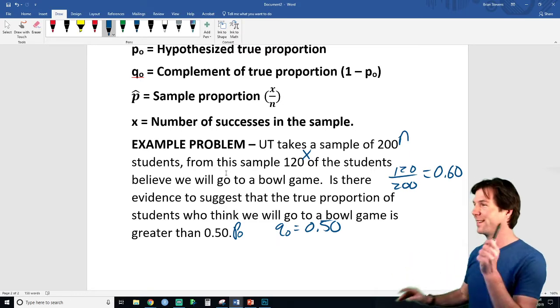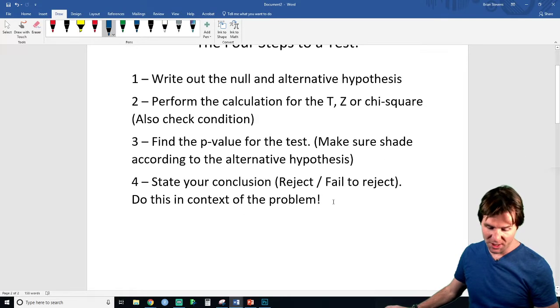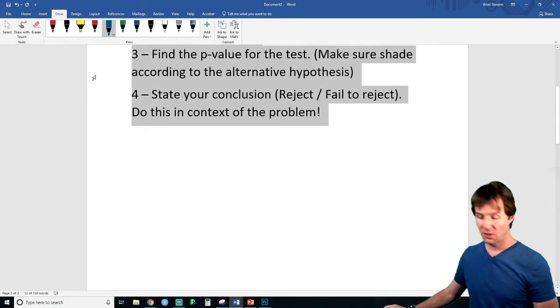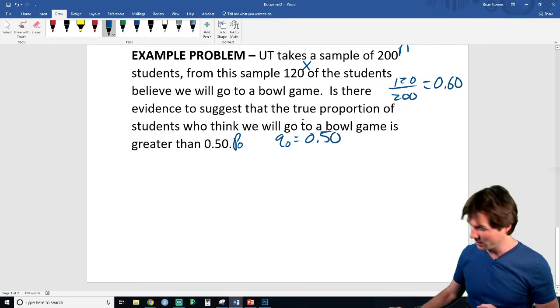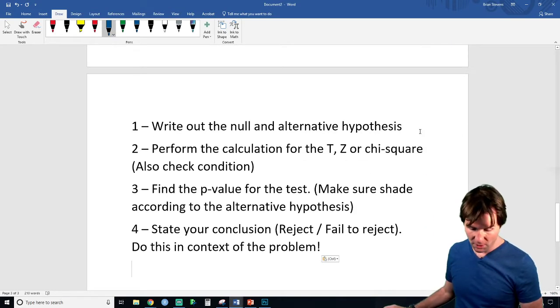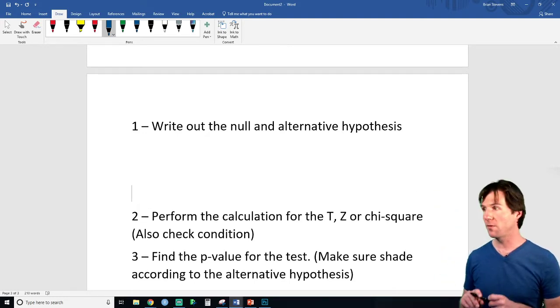From here, let's go grab our sheet. So we've got our 4 steps to doing a test. Let's try it out. Remember, we talked about this at the start of the little test thing today that we're doing. We're going to go down here to the end of it. We're going to put it right here. Write out the null and alternative hypothesis. So we need to write out our null and alternative hypothesis.